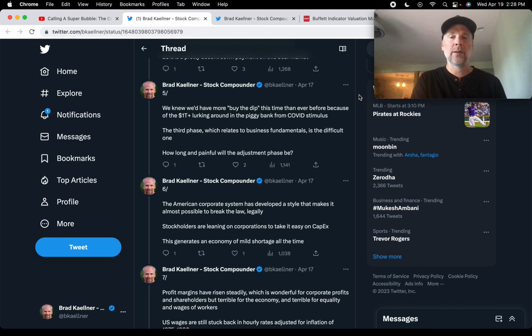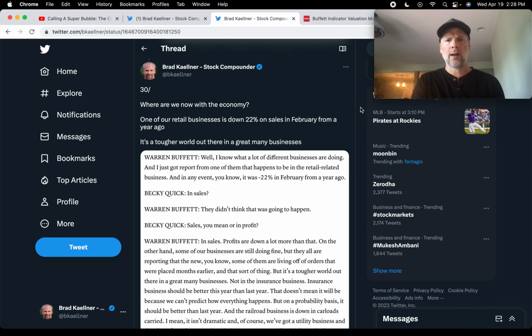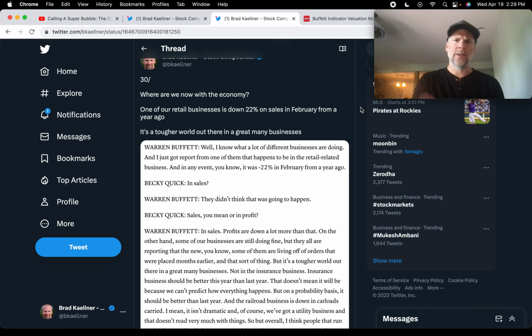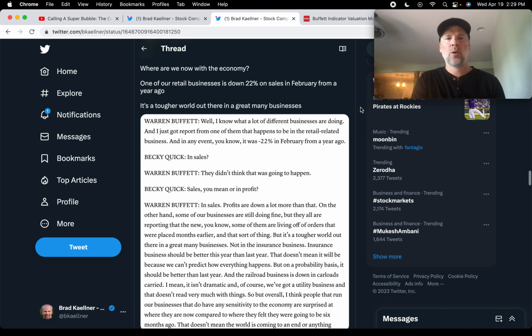Now, Warren Buffett, in his talk with Becky Quick, I think it was last week, he alluded to this third phase where the fundamentals really get hurt. This is another Twitter thread I did, tweet 30 in this thread. Buffett was asked, where are we now with the economy? And he points out that one of Berkshire Hathaway's retail businesses is down 22% on sales.